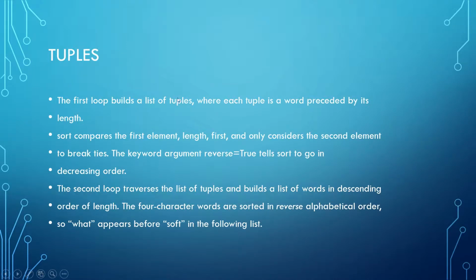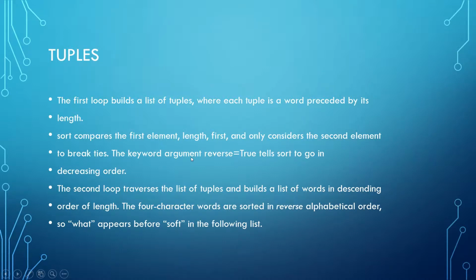The first loop builds a list of tuples where each tuple is a word preceded by its length. Sort compares the first element, length, first, and only considers the second element to break ties.